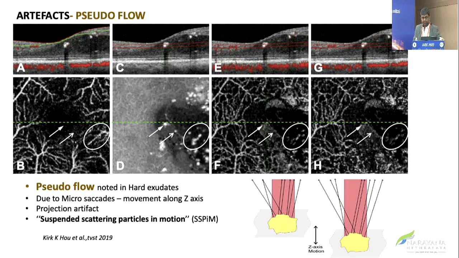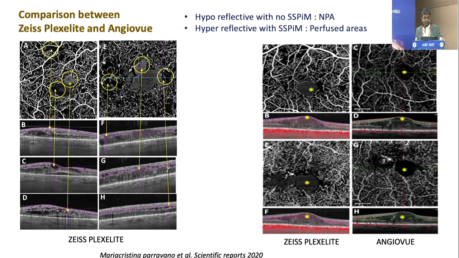And we should be mindful of the artifacts that can happen. These are because of the saccades, microsaccades in the z-axis. So these are called suspended scattering particles in motion. So these give rise to areas wherein it looks like there's a flow there, but there's no flow there. So we need to be mindful when interpreting an OCTA. So there are again studies which showed whether the hyperreflectivity and hyporeflectivity correspond to non-perfusion.